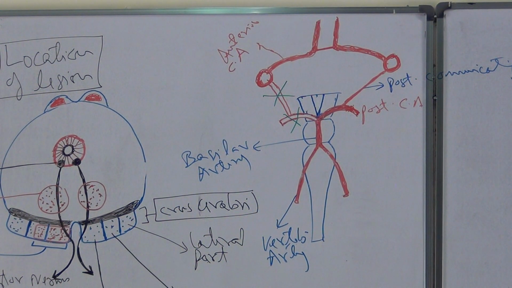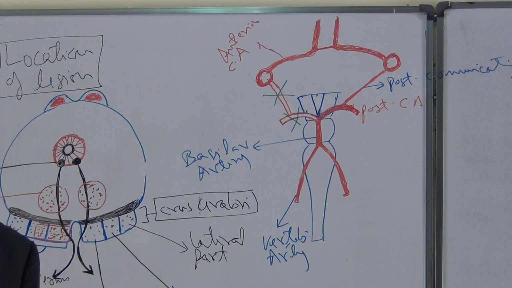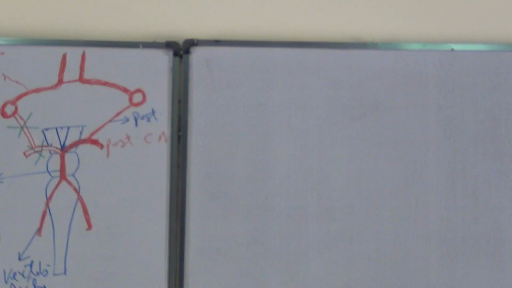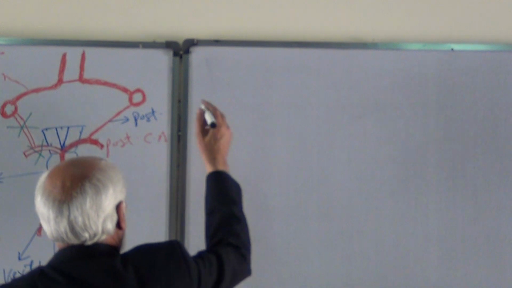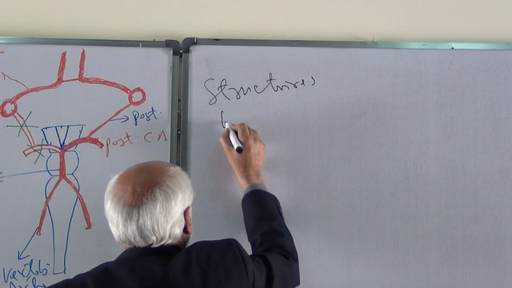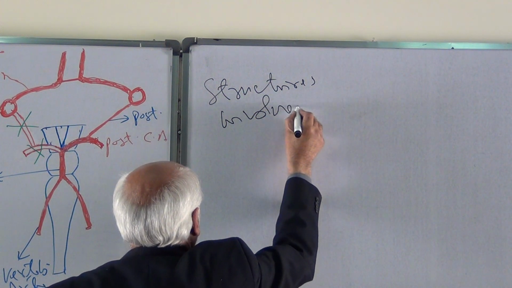Next, what are the structures involved? When there is a lesion of this area, what will be the structures involved?